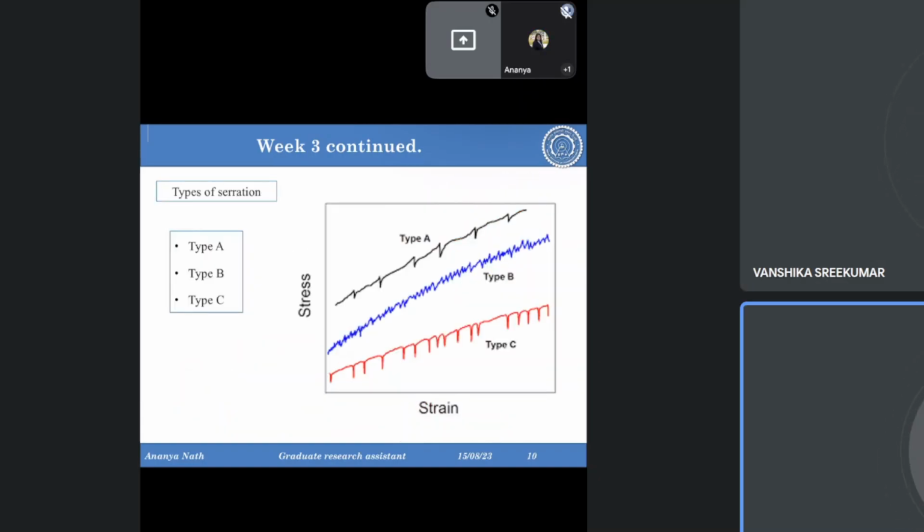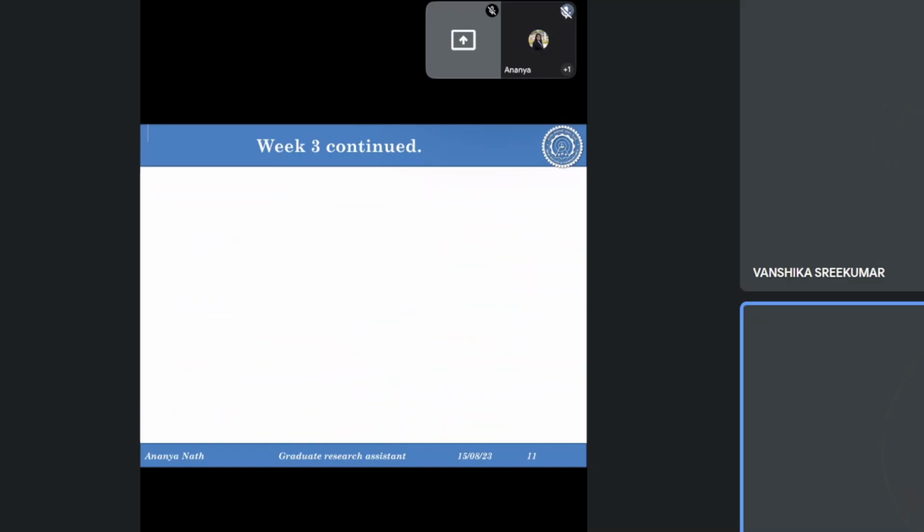Okay, so there's a simple thing. A simple example of ductility is a rubber band. If you have a rubber band of this much length, if you are pulling it from both sides, it can reach a maximum of this length.